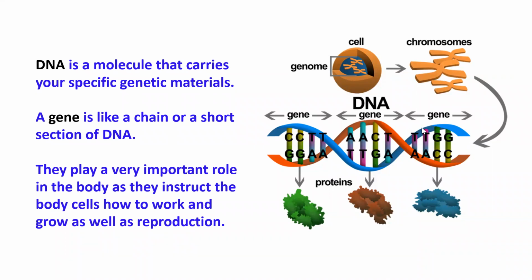So there are 3 genes, just a short section of your DNA. Your DNA and the gene play a very important role in the body as they instruct the body cells how to work and grow, as well as reproduction. So that's what the gene is about, and the DNA.